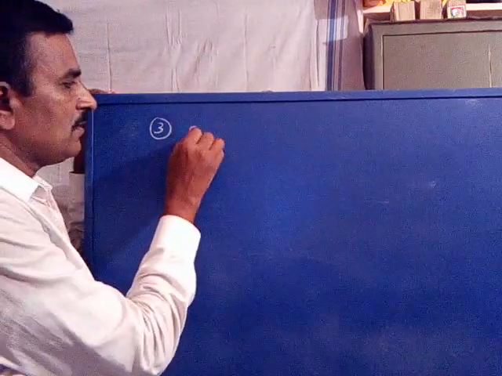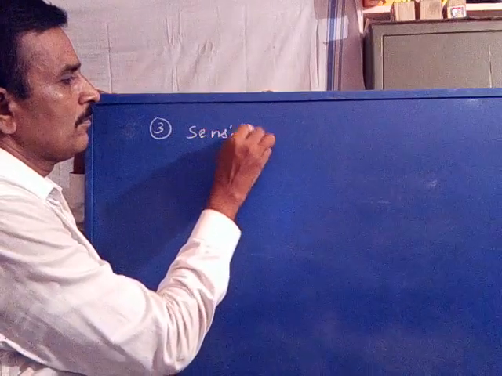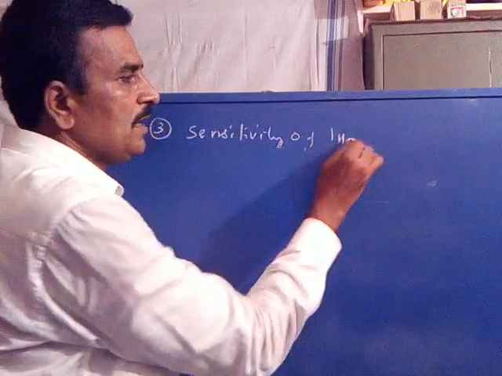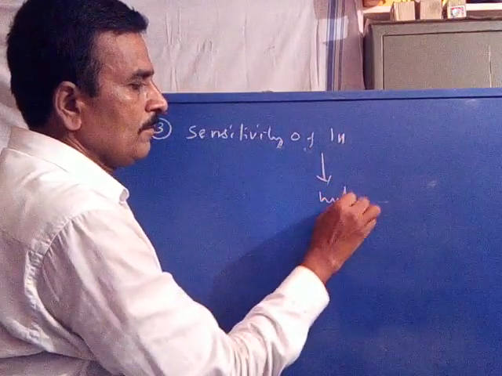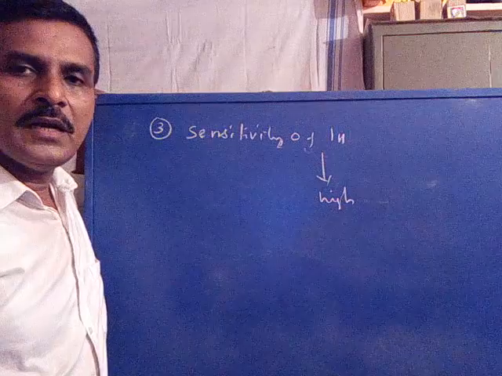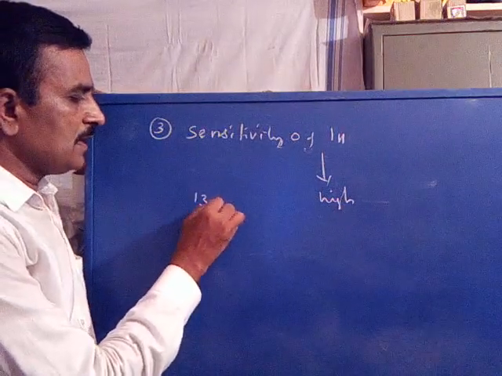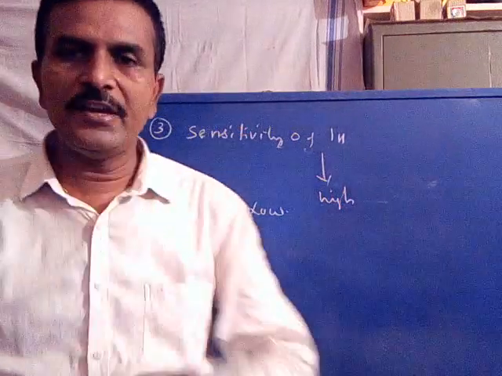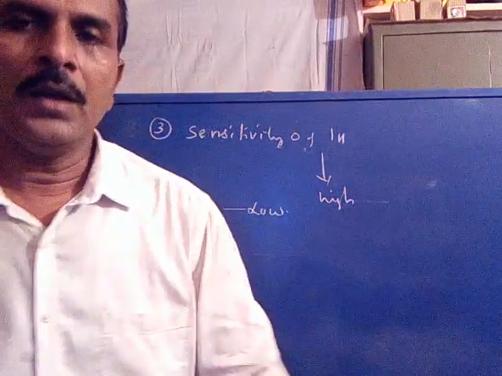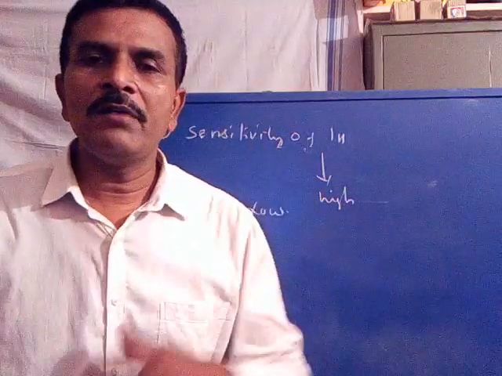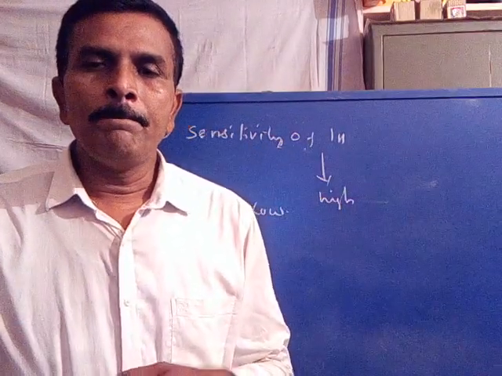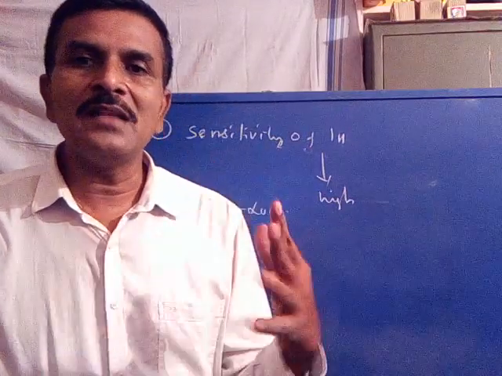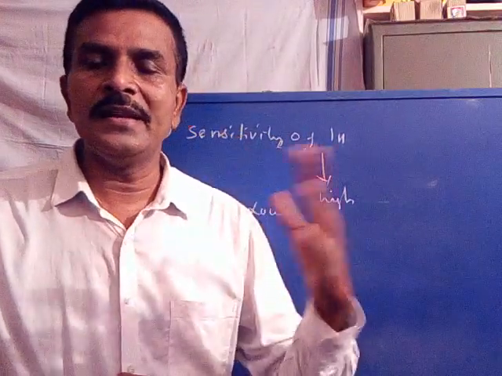The sensitivity of proton signal is high, whereas carbon signal sensitivity is low. Again, high gamma value for a proton makes it highly sensitive, so that the proton signals appear sharp and intense.